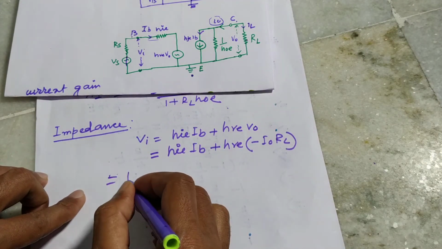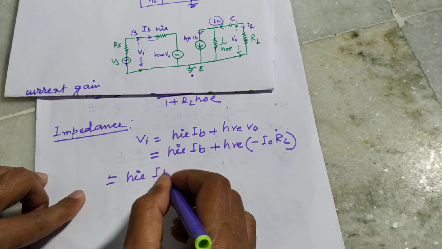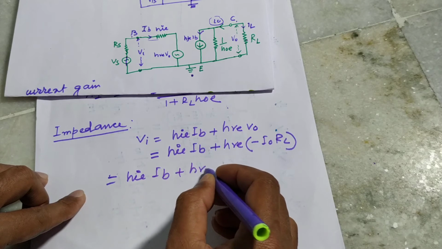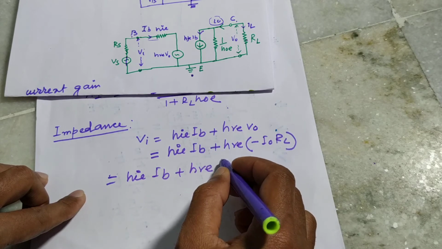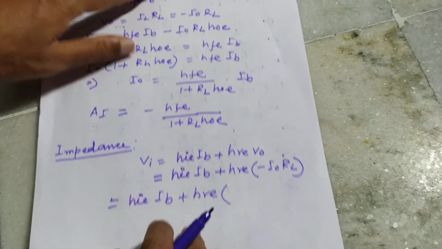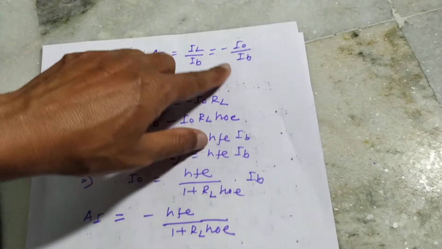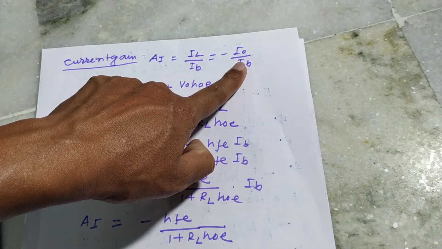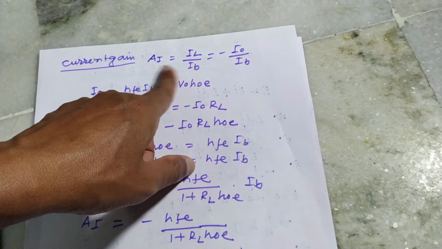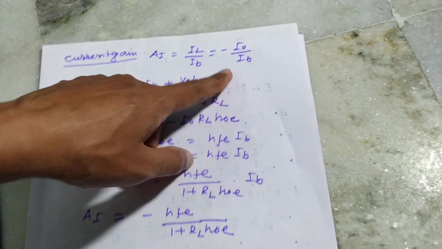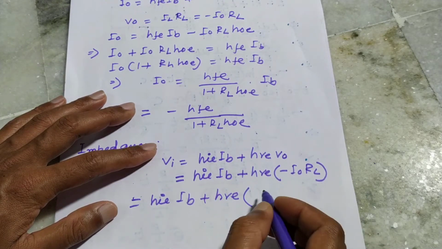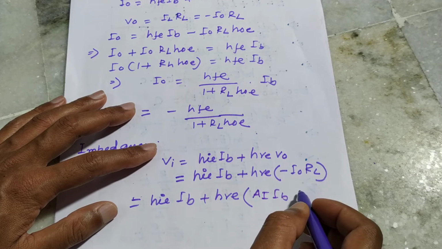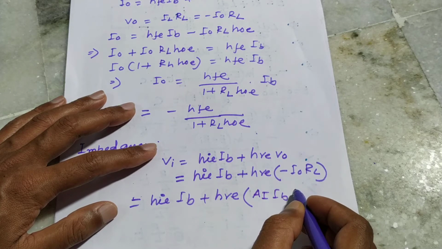This is equal to HIB plus HRE. From this expression we can write minus I0 is equal to AI into IB. Okay, minus I0 is equal to AI into IB into RL.